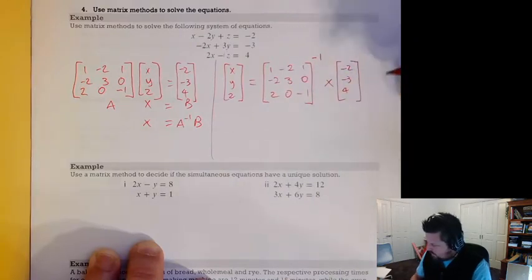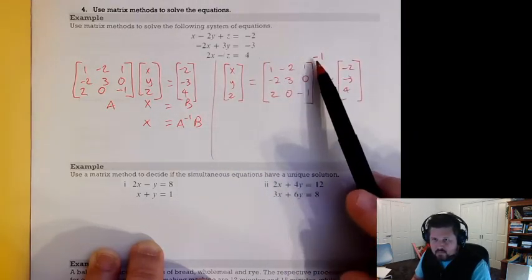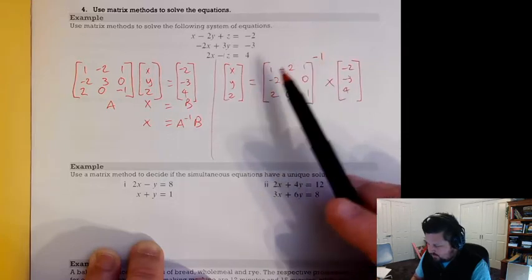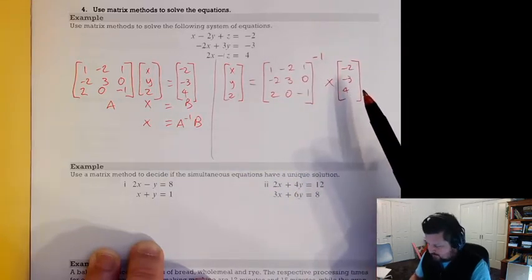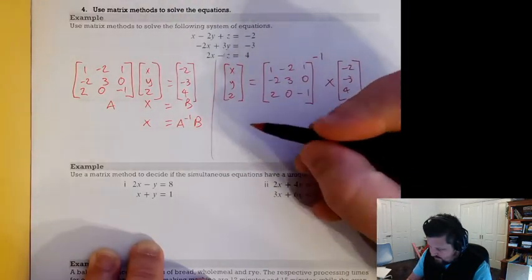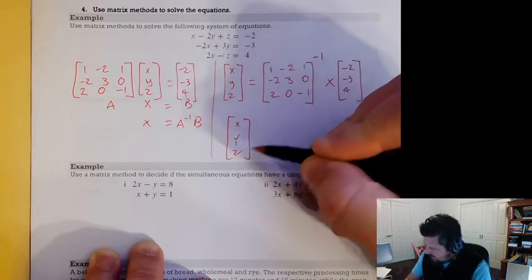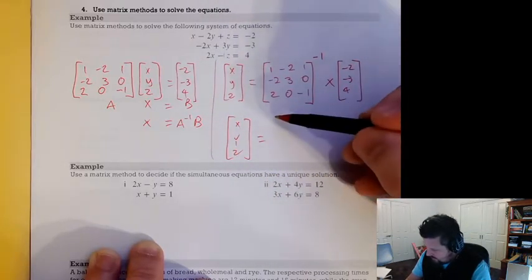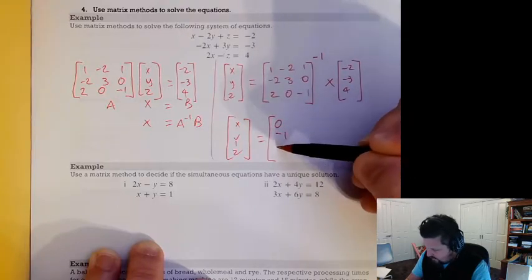As I was saying, on your calculator, you would type in this matrix to the power of -1. That gives you the inverse of that. And then you would multiply it by this matrix here, which is matrix B. Once you've put this on your calculator and worked it out, you will end up with the following. You get 0, -1, and -4.